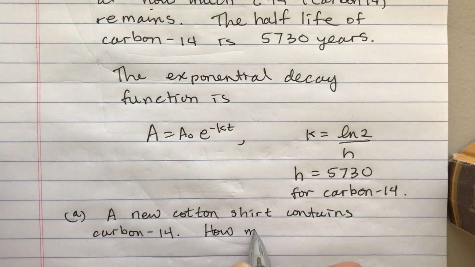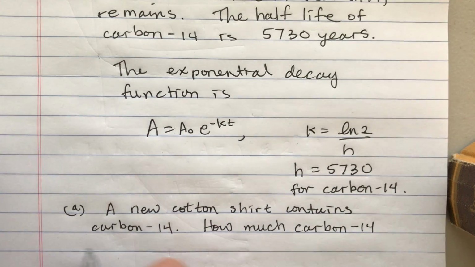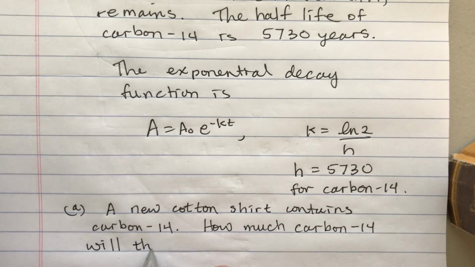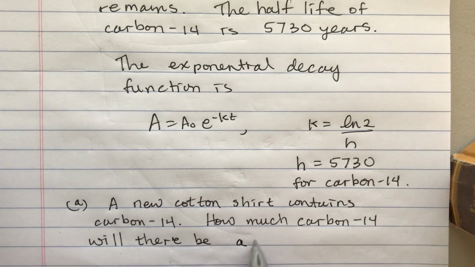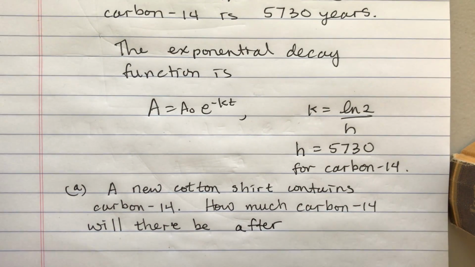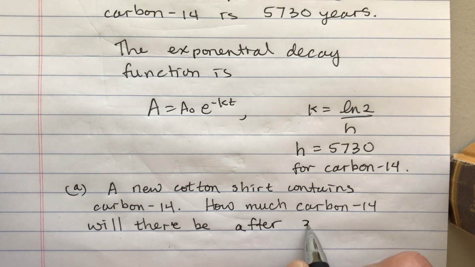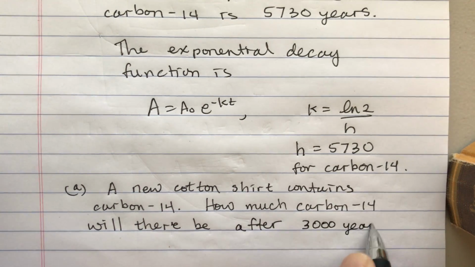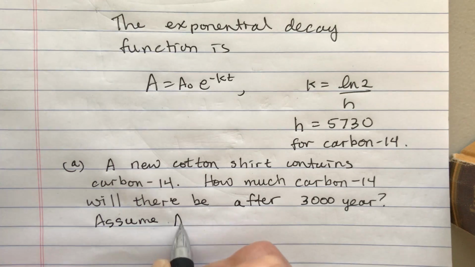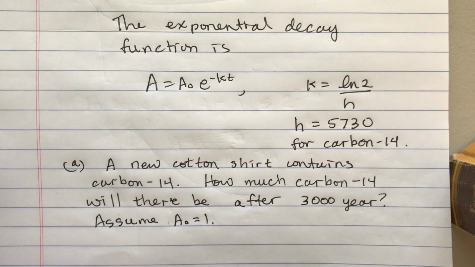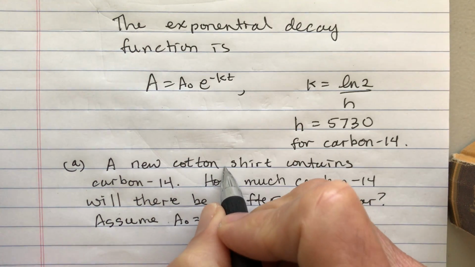How much carbon 14 will there be after 3,000 years? Sort of a long time. Assume A0 is equal to 1. So what we're looking at is not how much, but what percent.